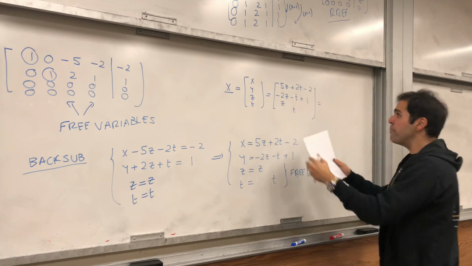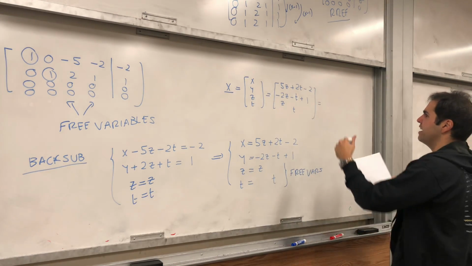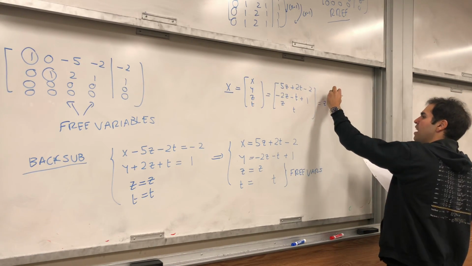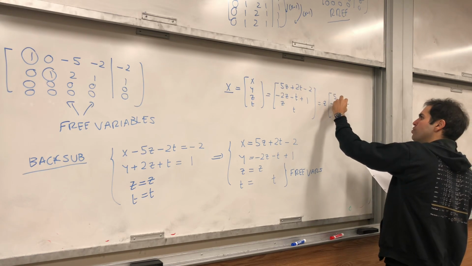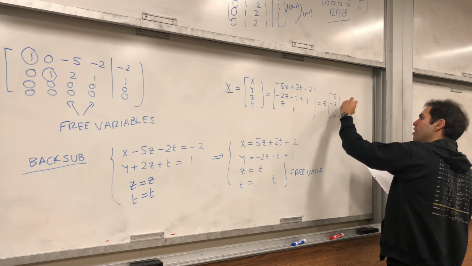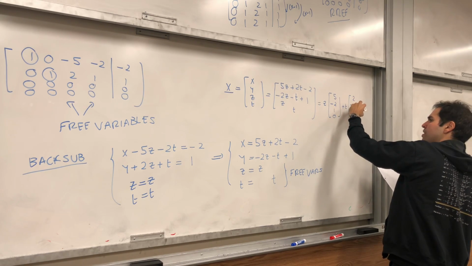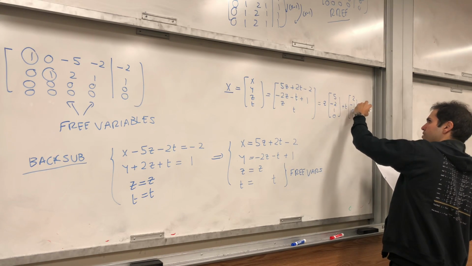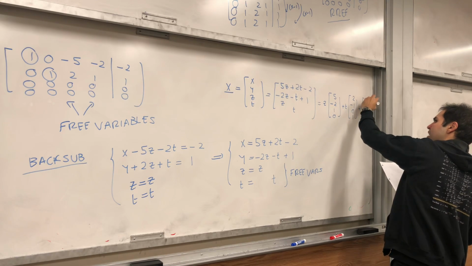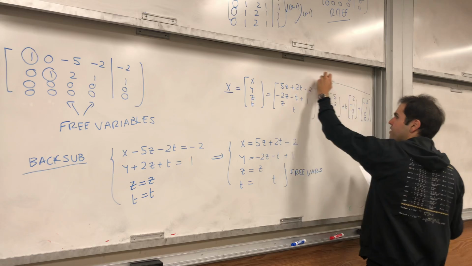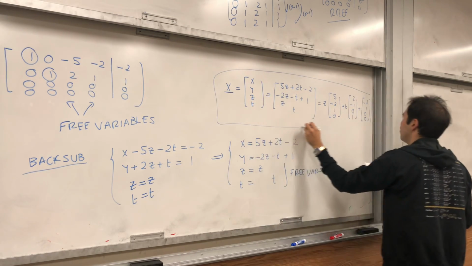And you can separate those out, and you get, in fact, z times (5, minus 2, 1, 0), plus t times (2, minus 1, 0, 1), plus the vector (minus 2, 1, 0, 0). So that is your solution in vector form.